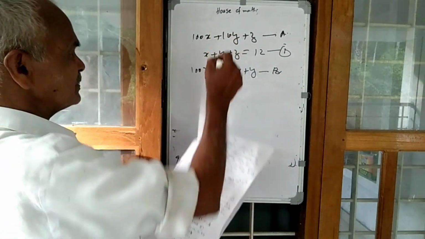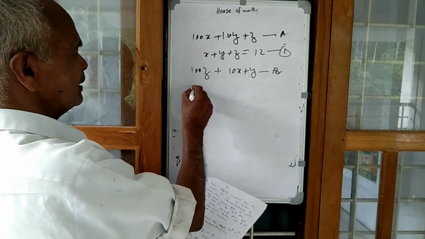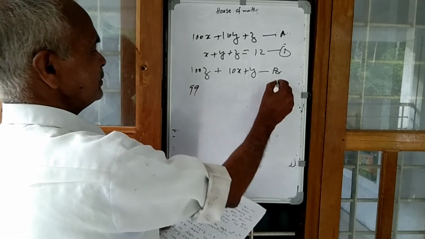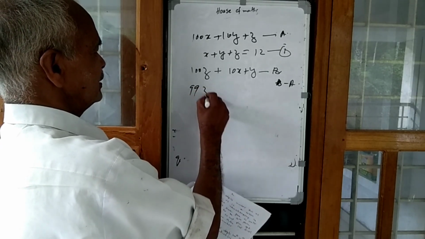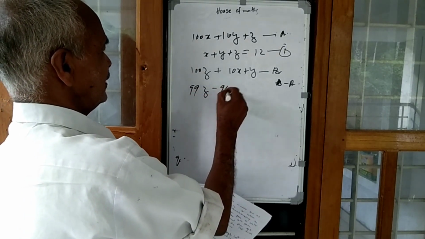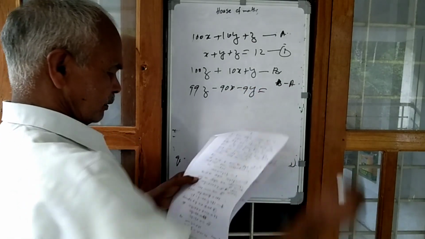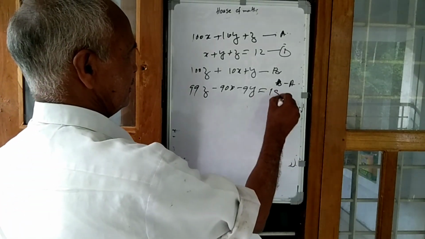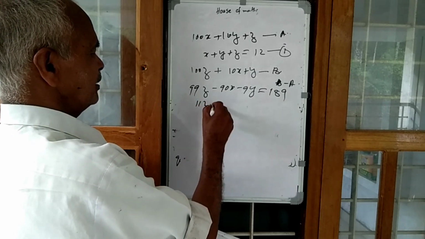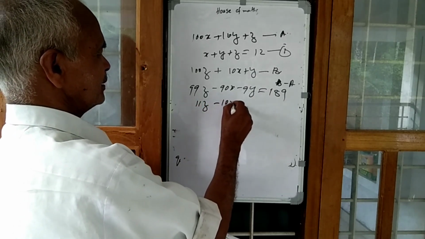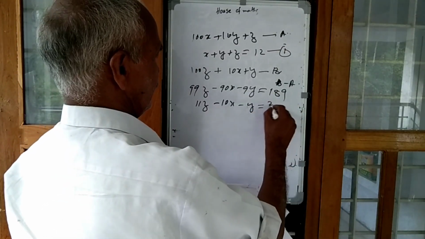When their difference is given, that is, the second number is greater than the first number, therefore their difference is 189, that means B minus A, 99z minus 90x minus 9y equal to 189. Dividing throughout by 9, 11z minus 10x minus y equal to 21.